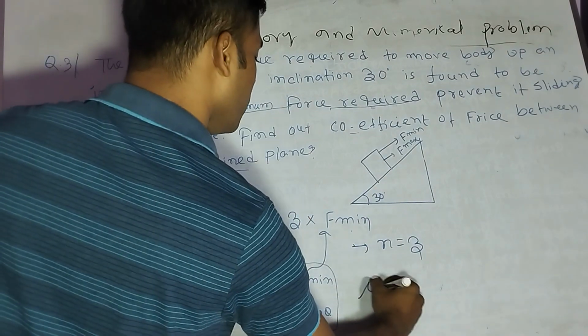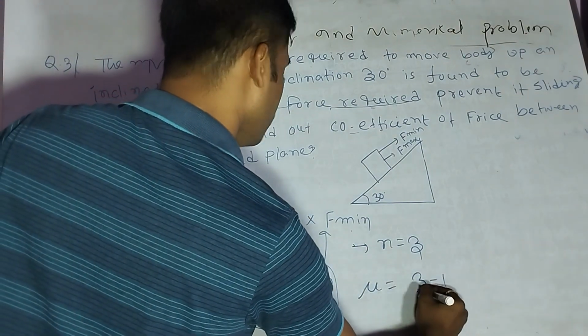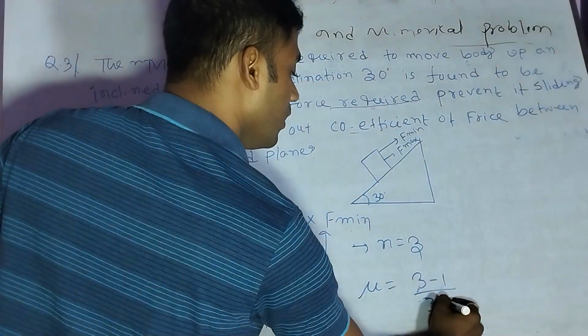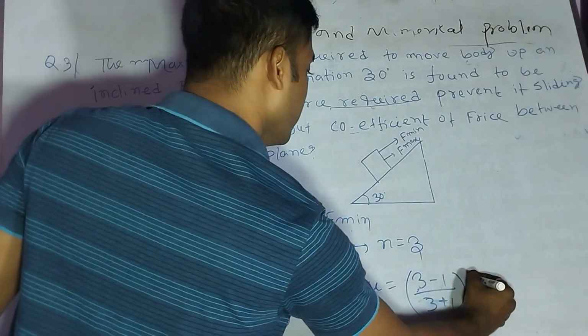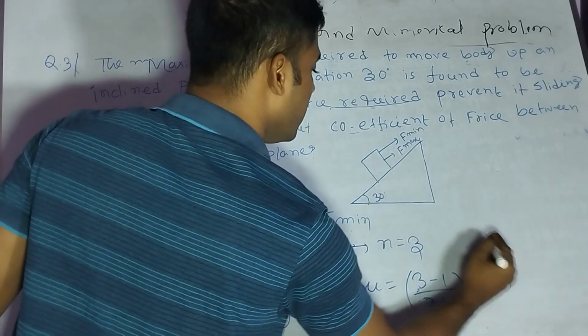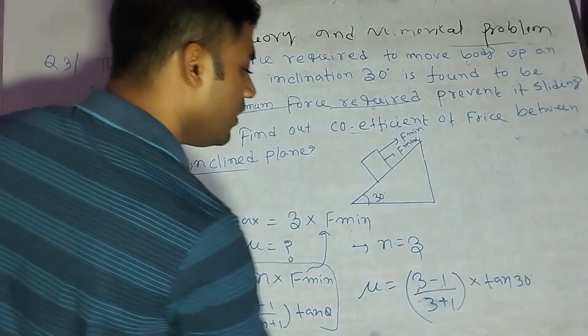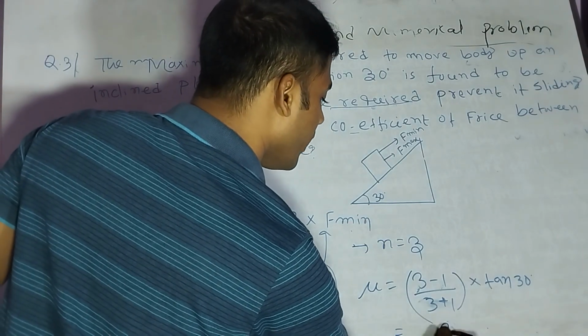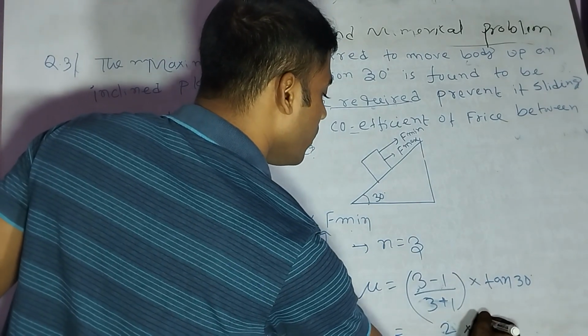So mu is (n minus 1) divided by (n plus 1), that means (3 minus 1) by (3 plus 1) into tan theta. Theta is 30 degrees, the angle of inclination. So 2 by 4 into tan 30 degrees, which is 1 by root 3.